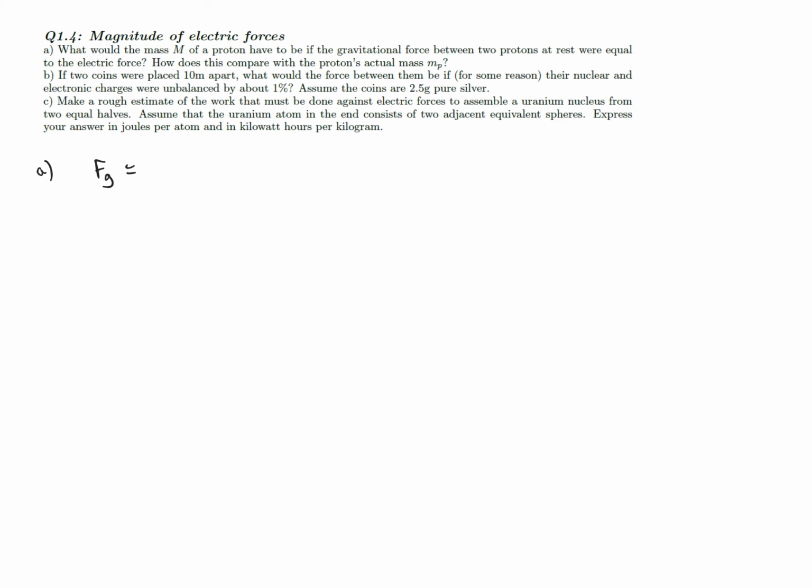It's an inverse square law, so we have m squared times capital G, the gravitational constant, divided by r squared. Whereas for electrostatics, we have q squared, the charge squared, divided by 4 pi epsilon naught times r squared.